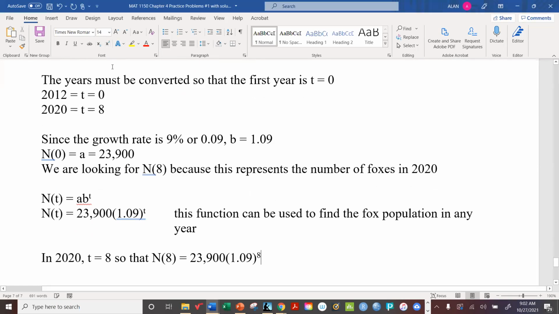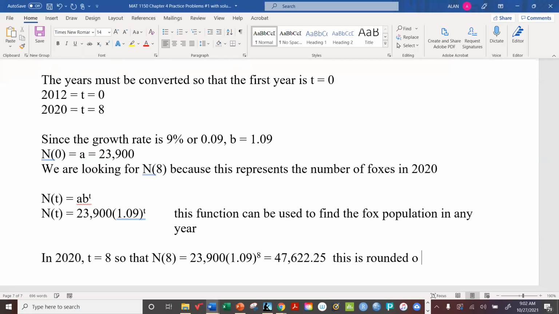And when you plug all that into your calculator, you should get 47,622.25. Now, because the foxes have to be an integer, this is rounded to 47,622.